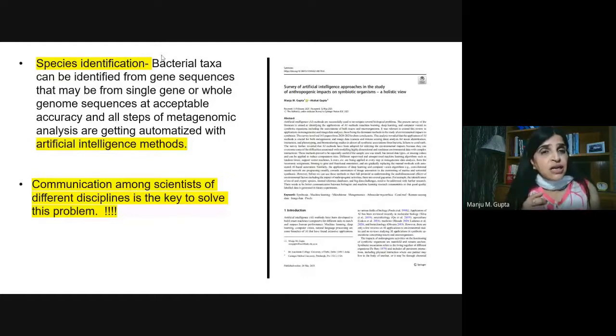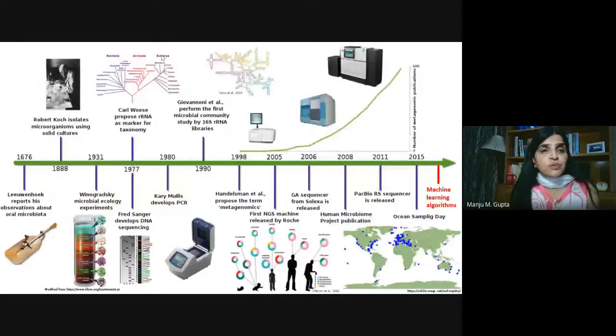But with this knowledge, I realized that communication among scientists of different disciplines is the key to solving present day problems. We must encourage our children, our students, to be multidisciplinary rather than focusing on one discipline and being only mycologists, because once you have a better understanding, then you can think of more solutions to a problem.